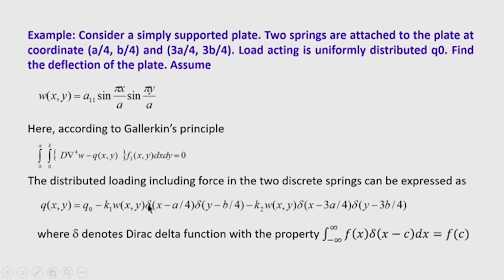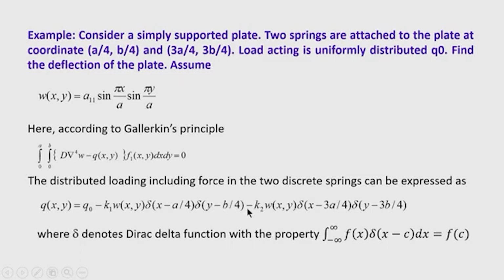Now, the discrete force I have represented here with the help of the Dirac delta function, because the location of the spring is at a by 4, b by 4. So, I use the Dirac delta function with argument x minus a by 4 for the x coordinate, and for the y coordinate I use the Dirac delta function with the argument y minus b by 4.